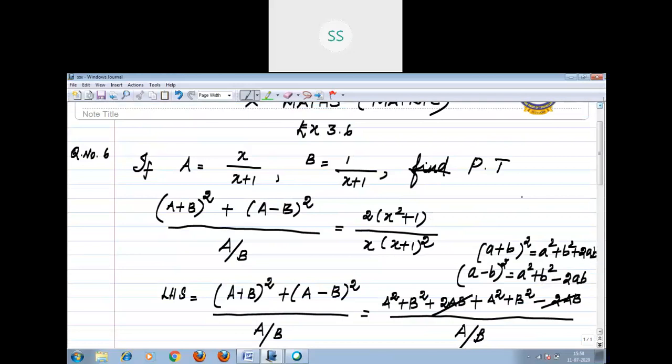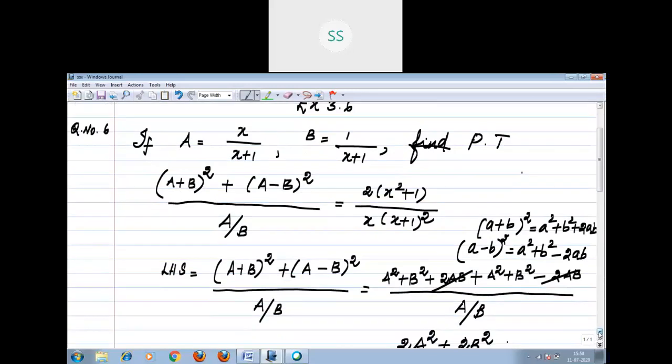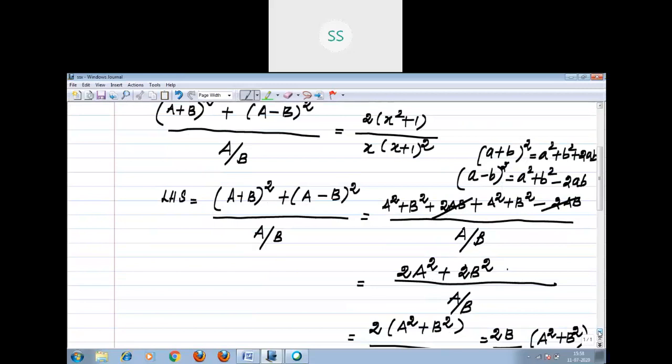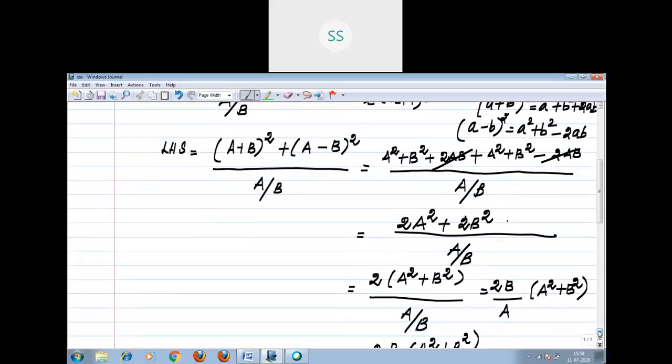Then you simplified. What did you arrive at? See here, children: 2 times a square plus 2 times b square, divided by a by b. Here your denominator is a fraction, so it will act as a reciprocal.